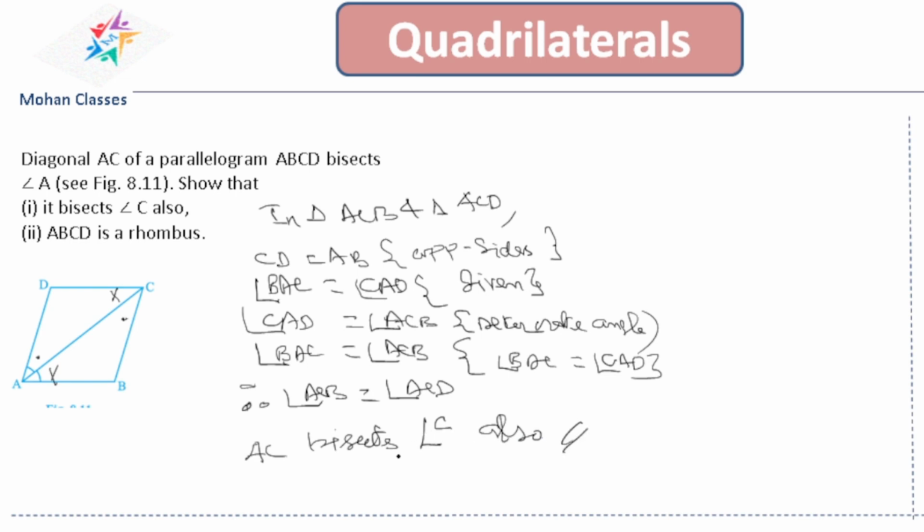Okay. Now we have to prove that it is a rhombus. How will you prove it is a rhombus? So this angle is equal to this angle, and these two angles are equal. So angle BAC is equal to angle BCA. See, understand? Because angle ACD is equal to angle BAC.